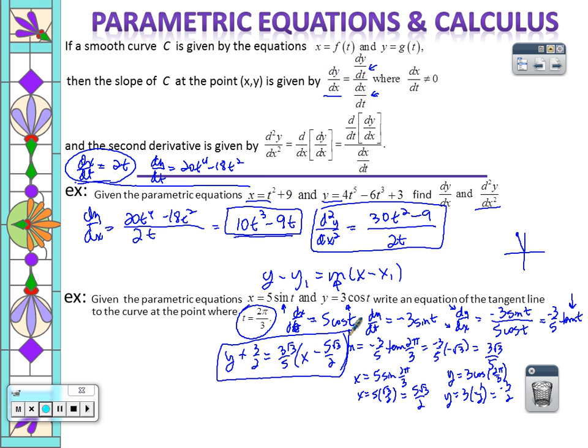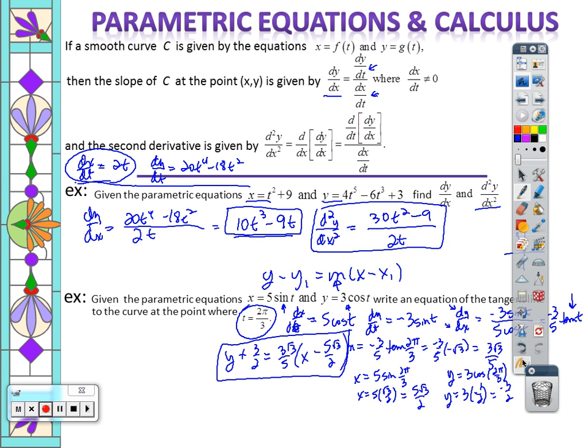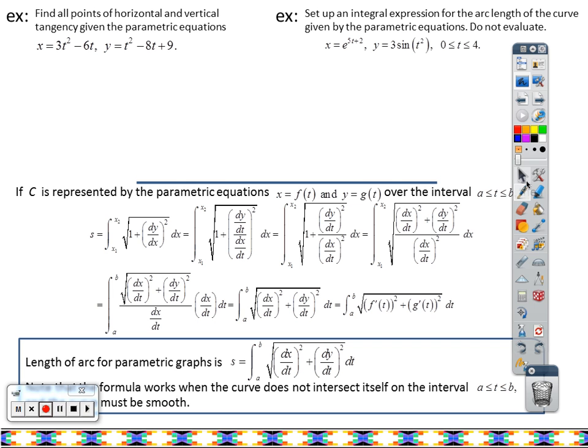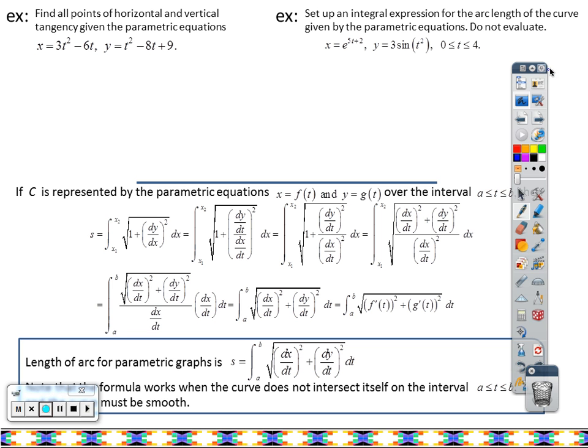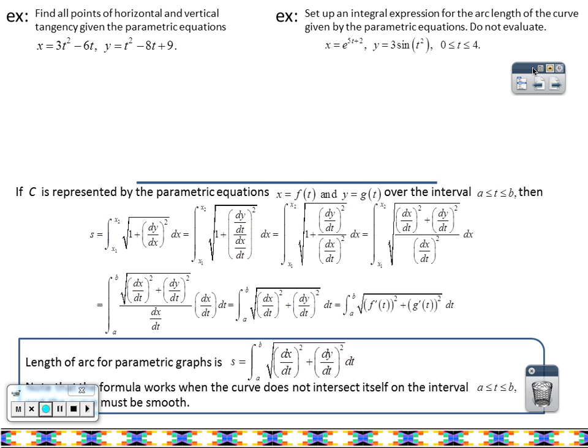All right, let's move to the second page. I have a couple of problems over here that we're going to look at. The first one is find all points of horizontal and vertical tangency given the parametric equations. Okay, let's think about this for a second. Horizontal tangents occur when the slope, dy dx, is 0, right?